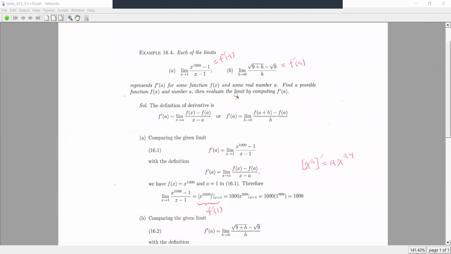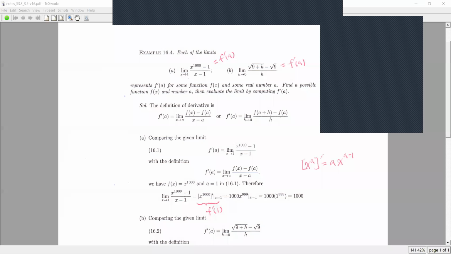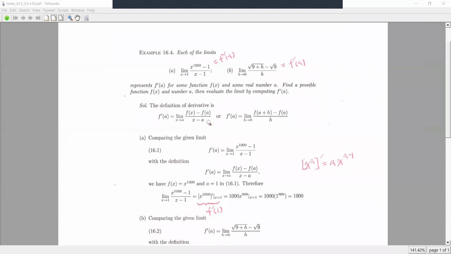Then evaluate the limit by computing the derivative of the function at the point a. To answer the questions, we need to recall the definition of derivative. The definition of derivative says that a derivative is a limit.